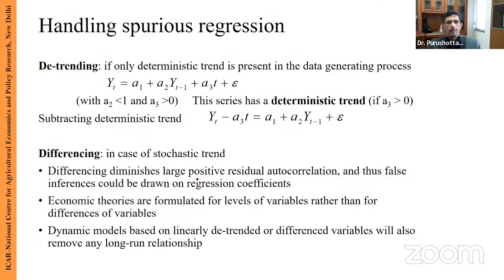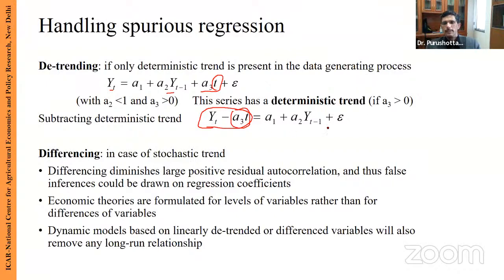So what is the way of handling this spurious regression? Either detrending, as we have discussed, or differencing. Detrending is used if a deterministic trend is present in the data generating process; suppose we regress Yt on T, and we try to eliminate or remove this trend from the original series.